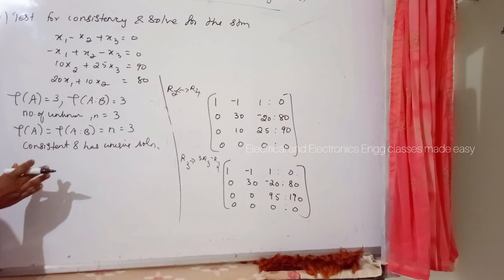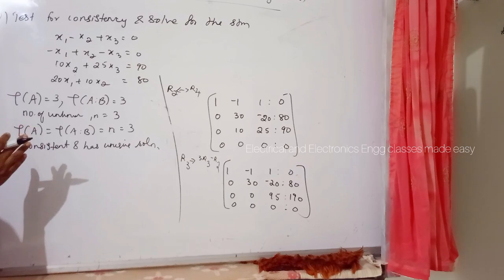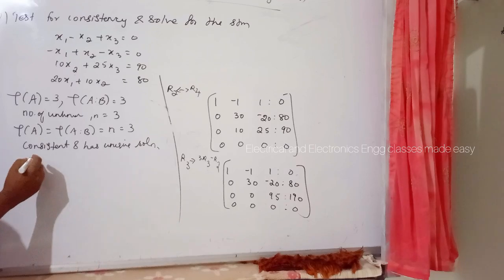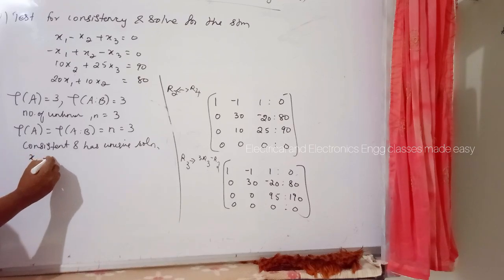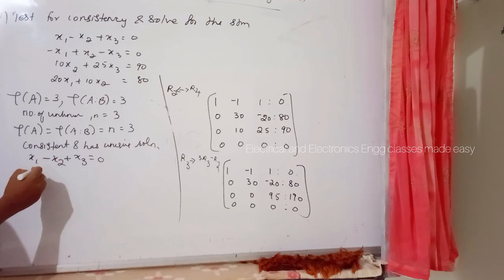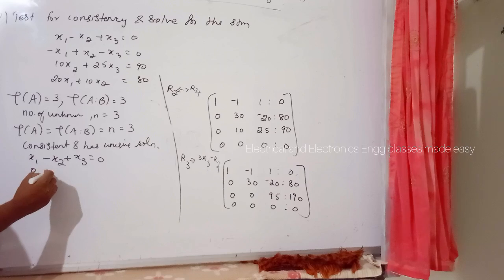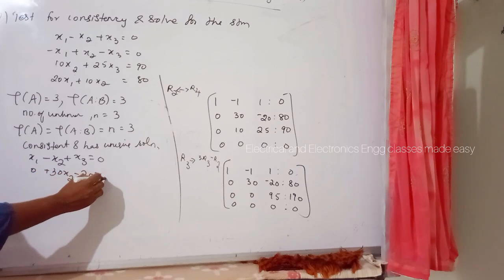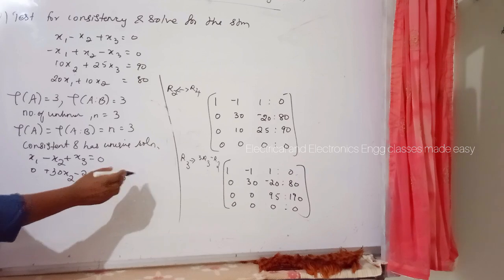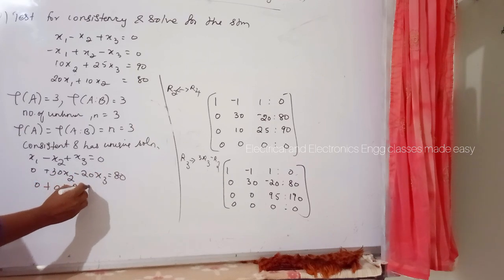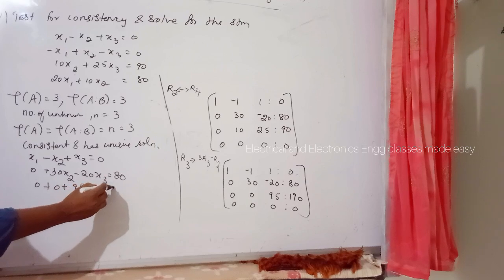To solve this equation, we have to start from the last row. So this we can write like this: x1 minus x2 plus x3 equal to 0, then 0 plus 30x2 minus 20x3 equal to 80, then 0 plus 0 plus 95x3 is equal to 190.